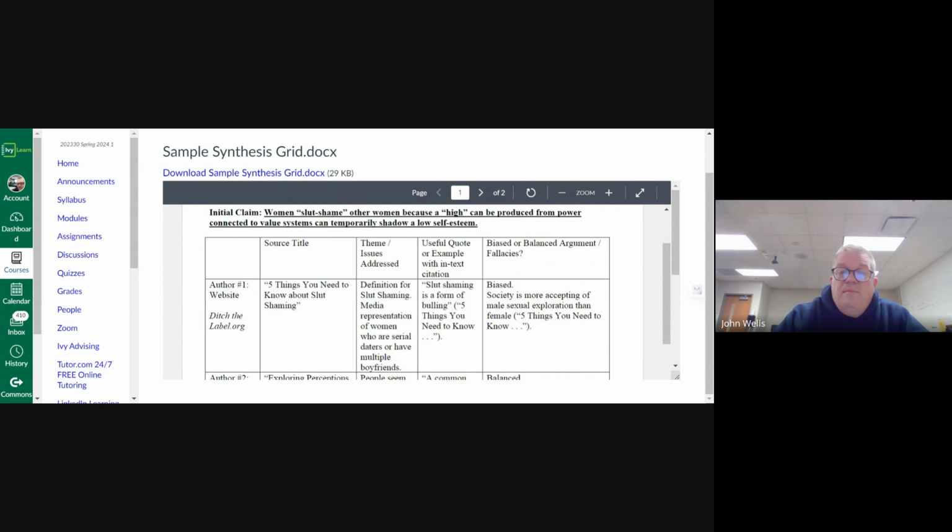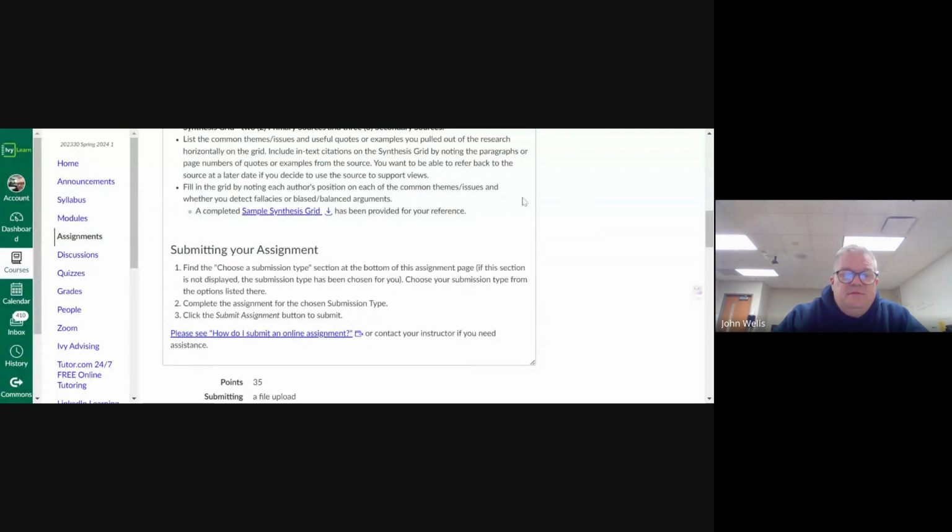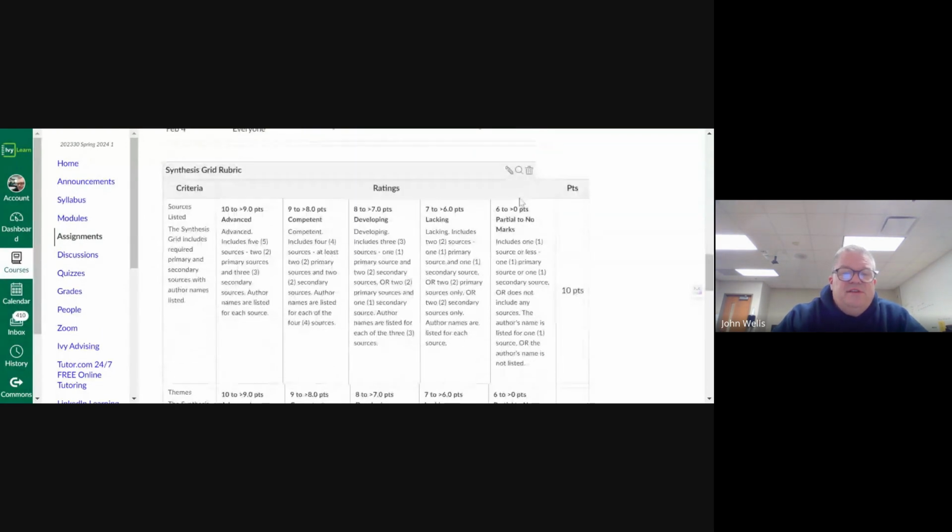Now, if I go back to the assignment, at the bottom of this assignment, you'll see the rubric, right? I always recommend going back to that rubric and seeing how this would be graded. How am I going to get my points?